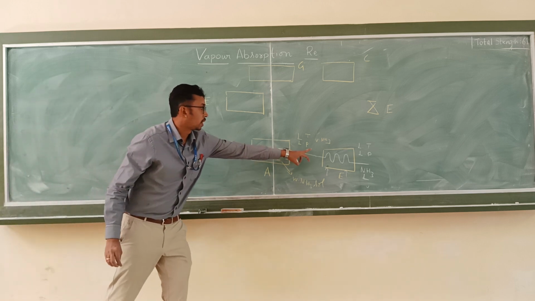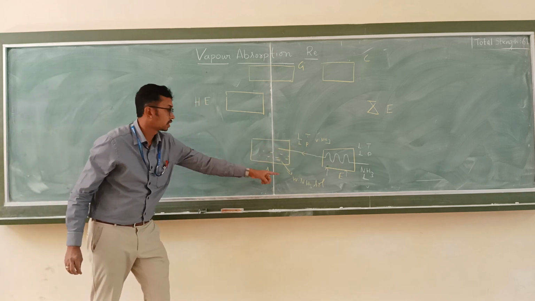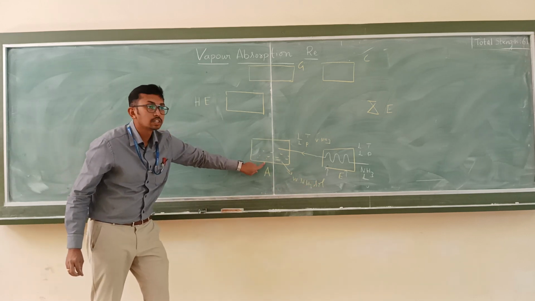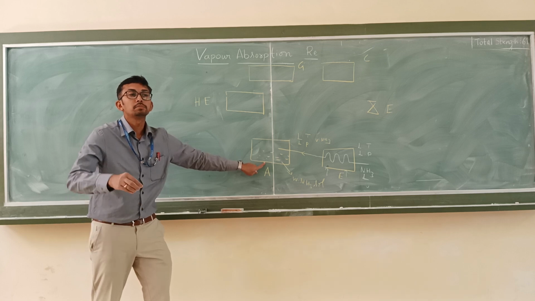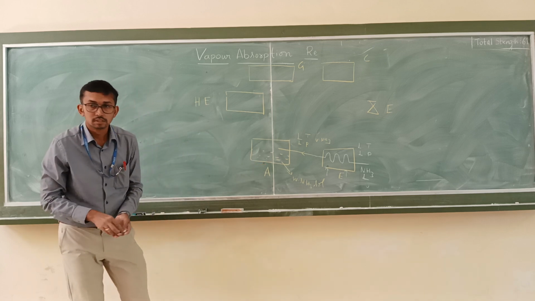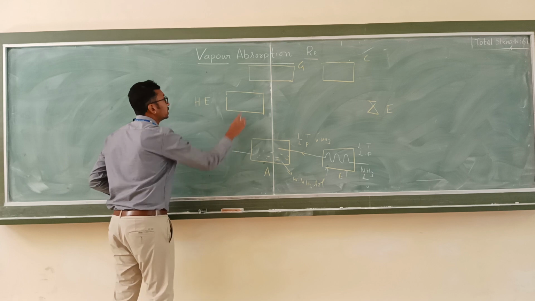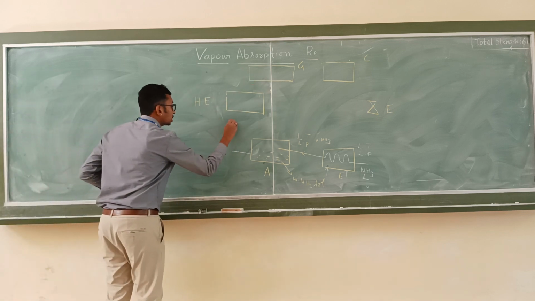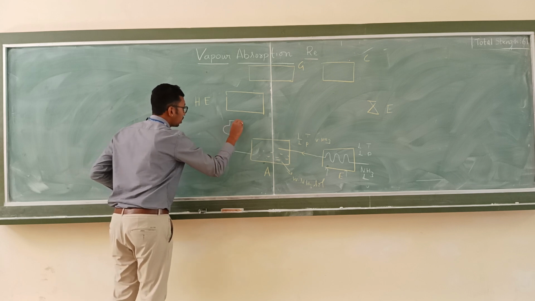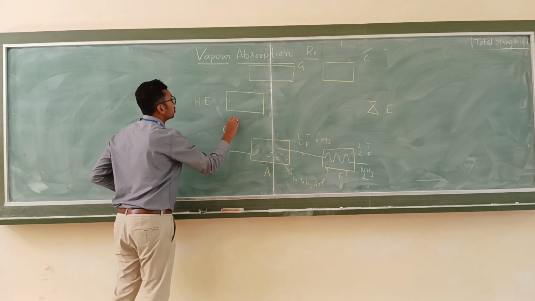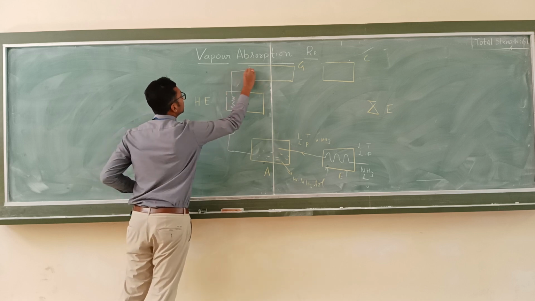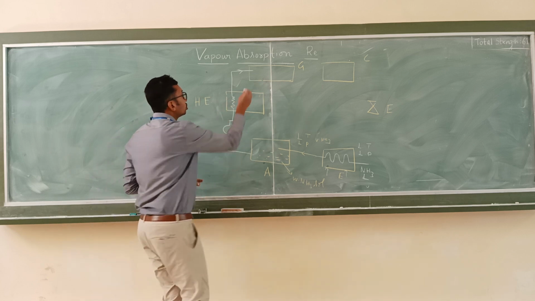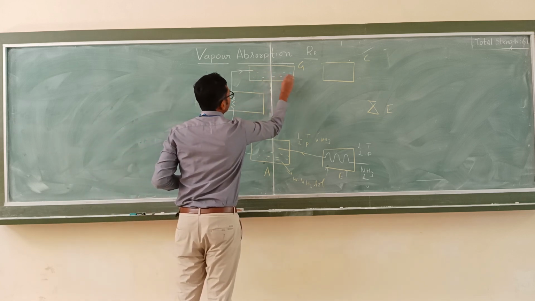It will be dissolved in this absorber and become strong ammonia solution. This strong ammonia solution is pumped to the generator. Pumping means we are increasing the pressure, and it is pumped to the generator through the heat exchanger.